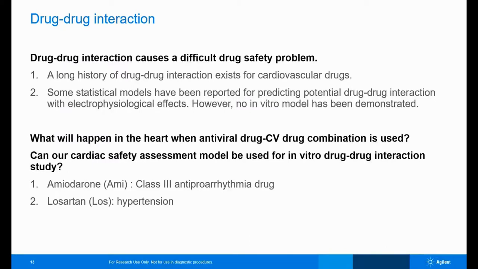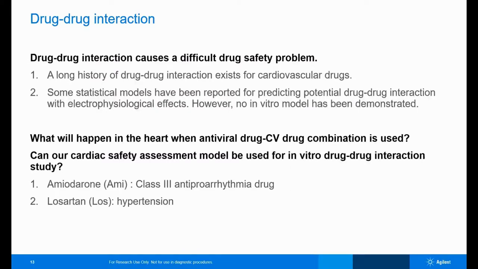So during our study, we also asked ourselves, what will happen if a patient takes an antiviral drug and a cardiovascular drug at the same time? And can the CardioECR system, together with human iPSC cardiomyocytes, be used for in vitro drug-drug interaction study? In order to address these questions, we recruited 2 cardiovascular drugs shown here.